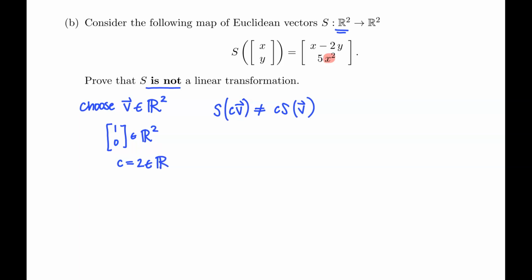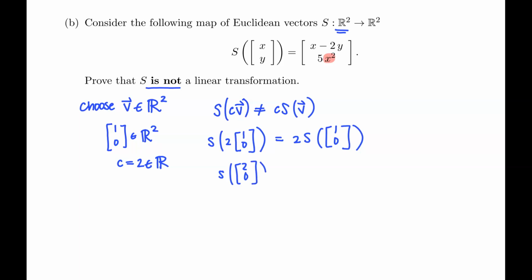So what we'll do is S of 2 times that 1, 0, and we want to show that this is not the same as 2 times S of 1, 0. The order in which we do our mapping and our scalar multiplication has an impact. So I need to know what S of 2, 0 is. This is me doing the scalar multiplication first. Now I have to actually use the rule that they've given me.